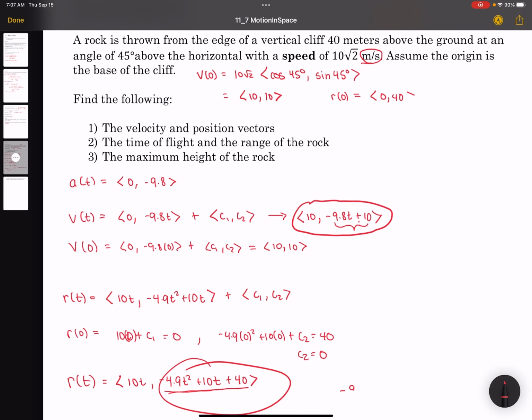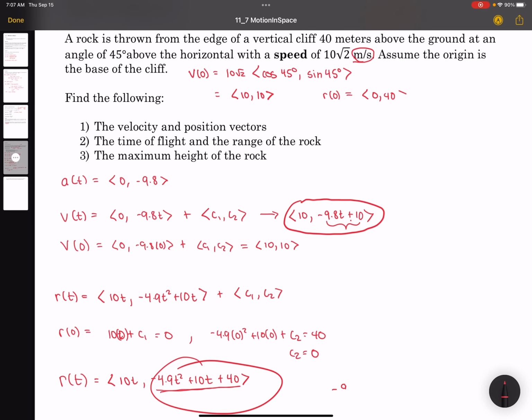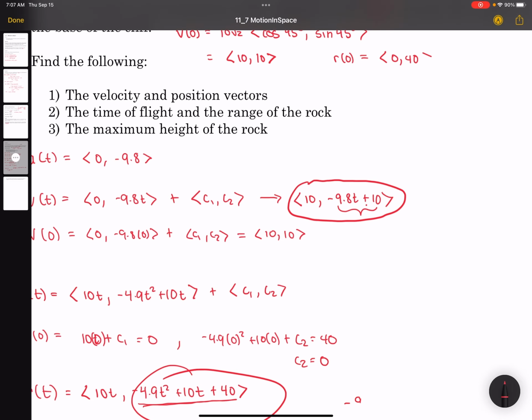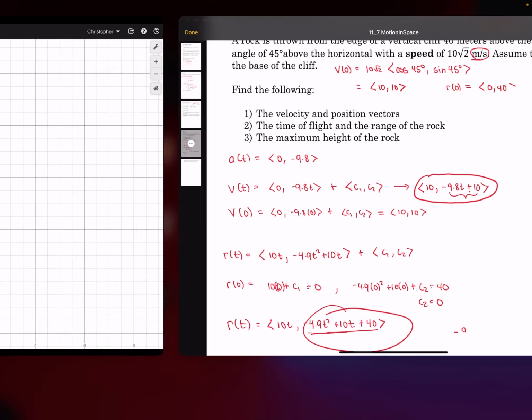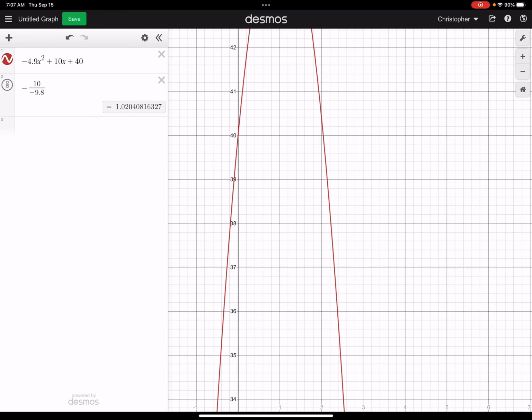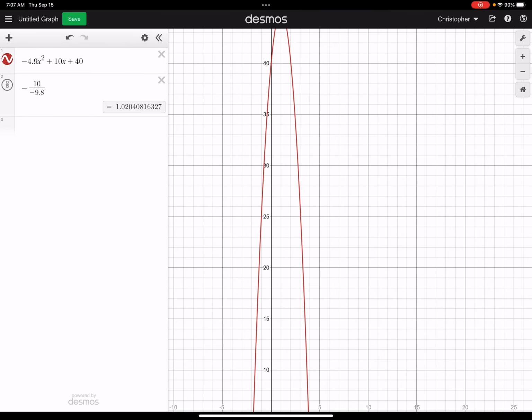And what else haven't we done? We did velocity, position, time of flight, and the range. So the range is going to be the horizontal distance for when the ball hits the ground. And I think we got that at, what was that value again? Zoom out.